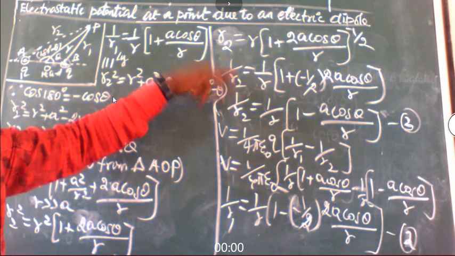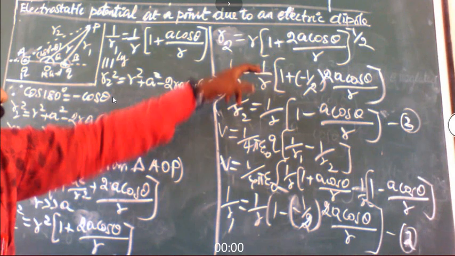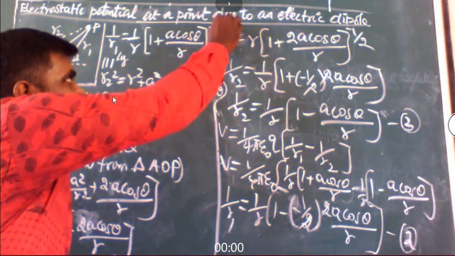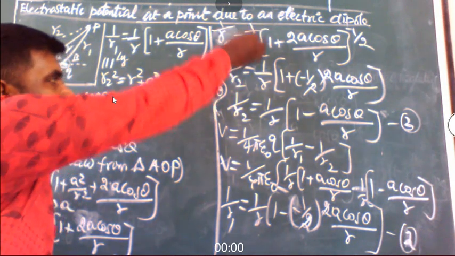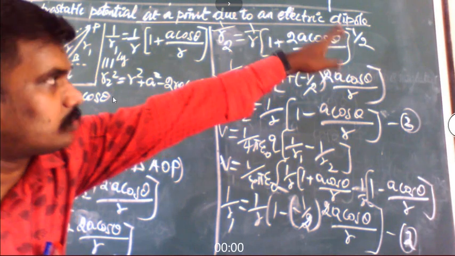Now, what happens to the reciprocal of this term? 1 by r2 is equal to 1 by r into (1 plus 2a cos theta divided by r) to the power minus 1 by 2.